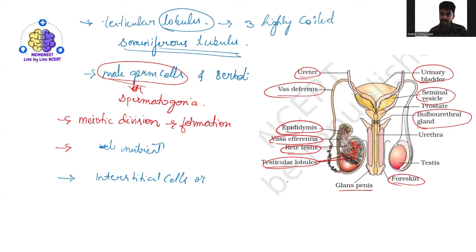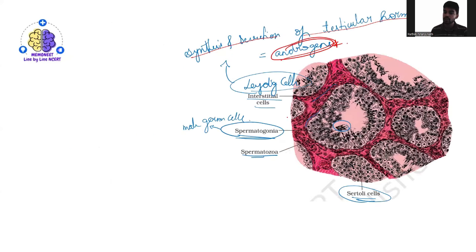Now this vasa efferentia leaves the testis and moves to the epididymis.